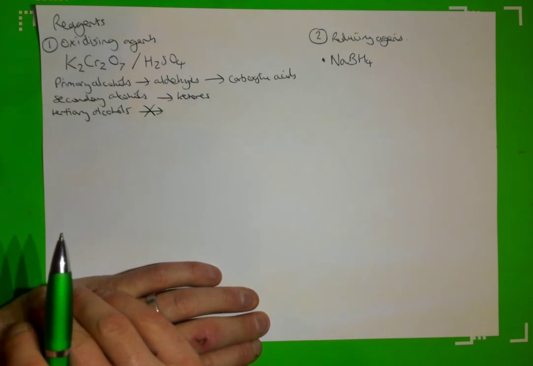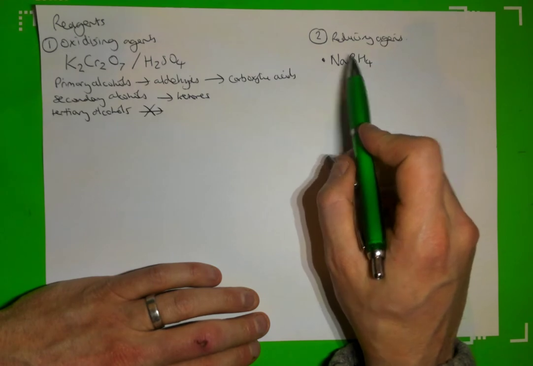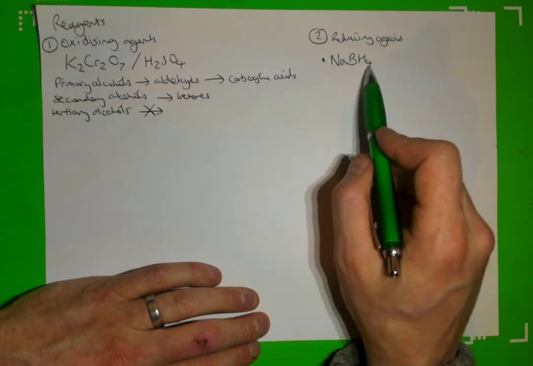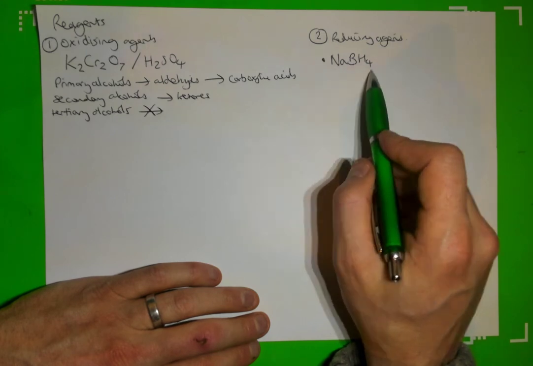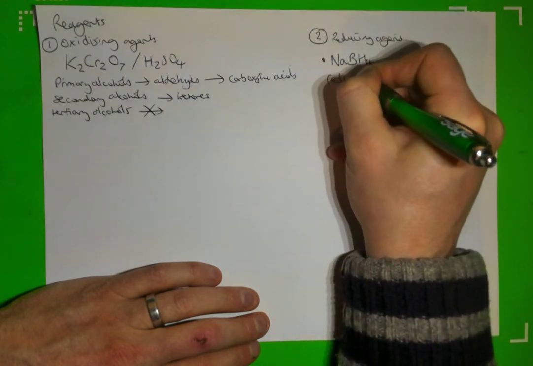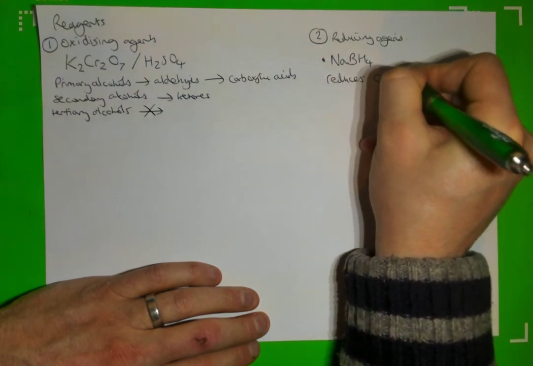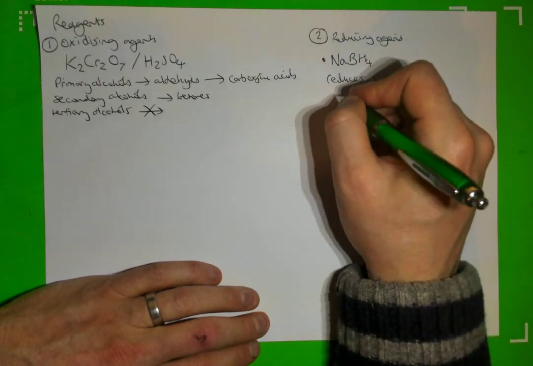So that's sodium tetrahydridoborate(III), and the Roman numeral III is the oxidation state on the boron here. Tetrahydrido, that's because there's 4 H- ions in there. Now this substance here will reduce C=O but will not reduce C=C double bond.